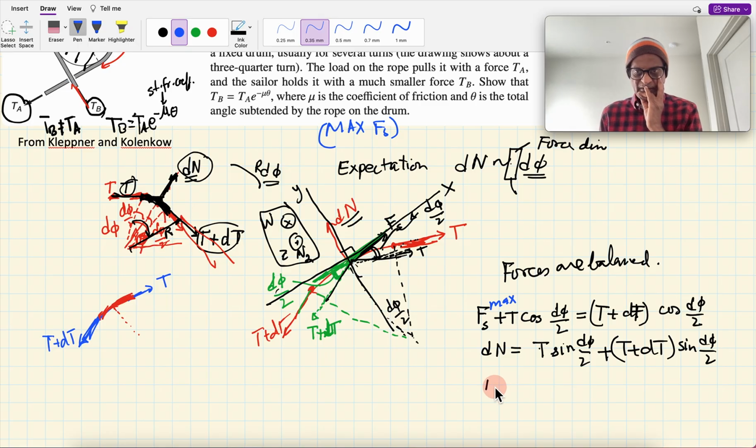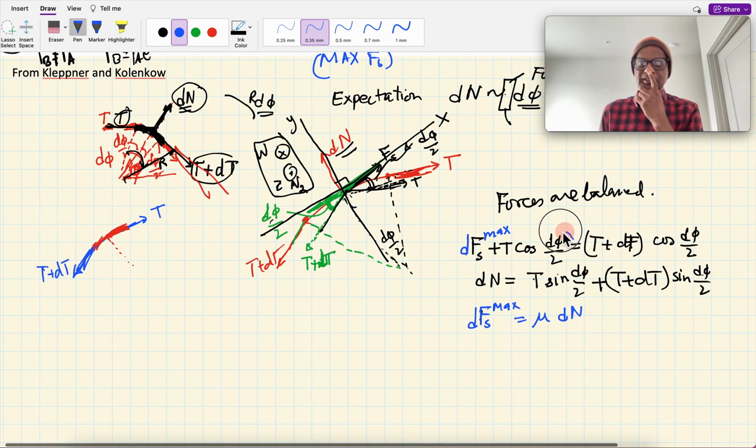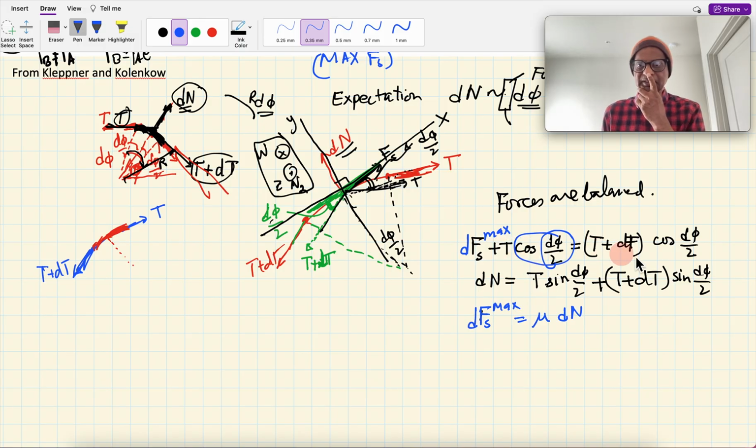So we can say Fs max would be μ times dN. This would also be a small amount, because it's a small thing. So this should be equal to μ dN. So we got all the formulas, except that these guys are all inside the cosine. But dφ over 2 is infinitesimal.